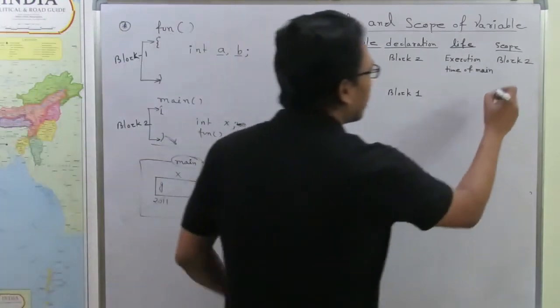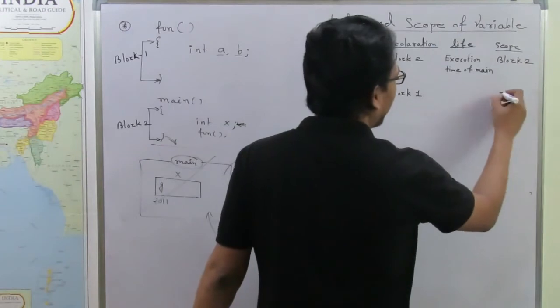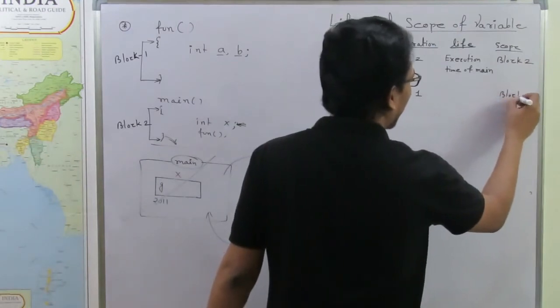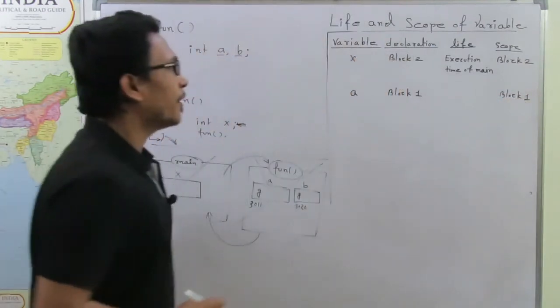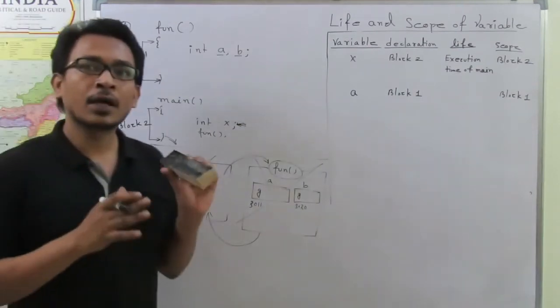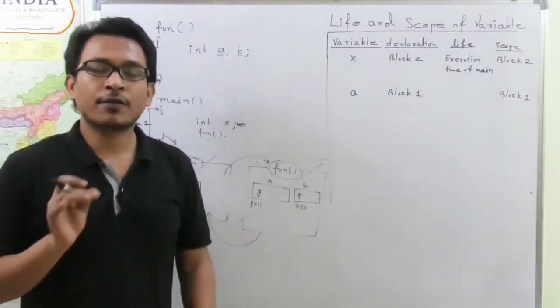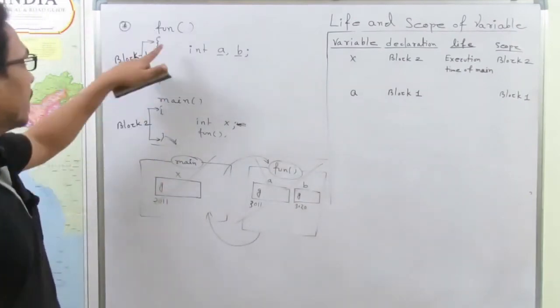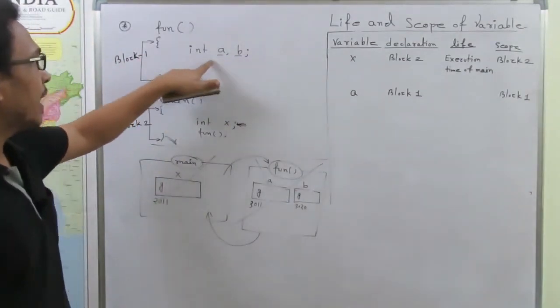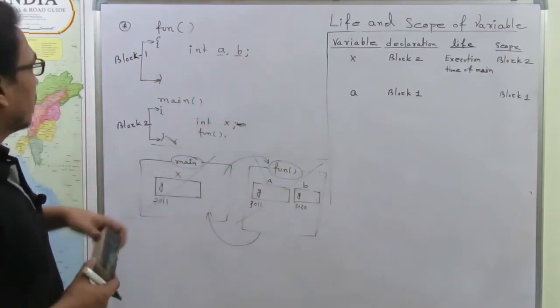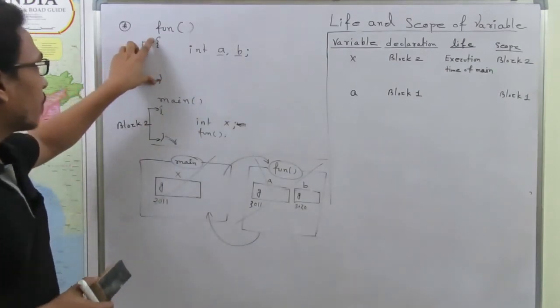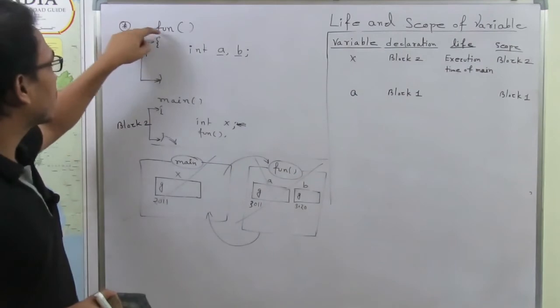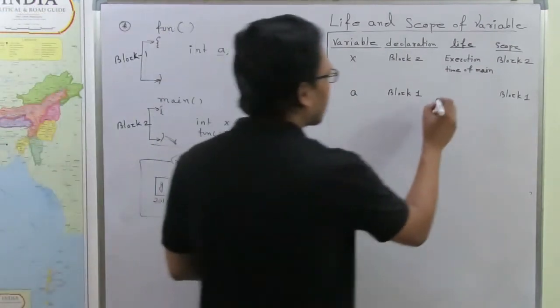The scope of variable a will be block 1. Now the life means how long the memory allocated for the variable will exist in memory. So how long will the memory allocated for variables a and b exist in memory? Until the completion of this block. That means the execution time of fun.